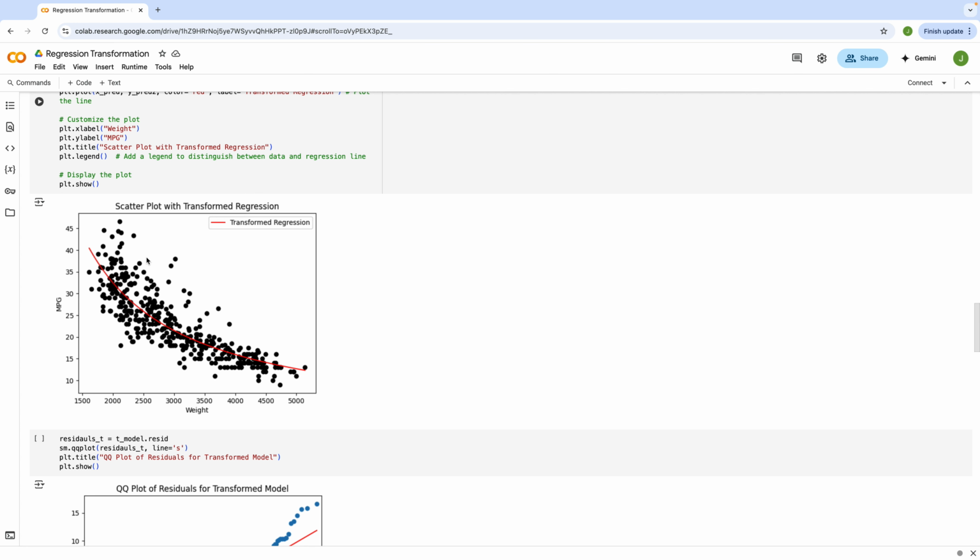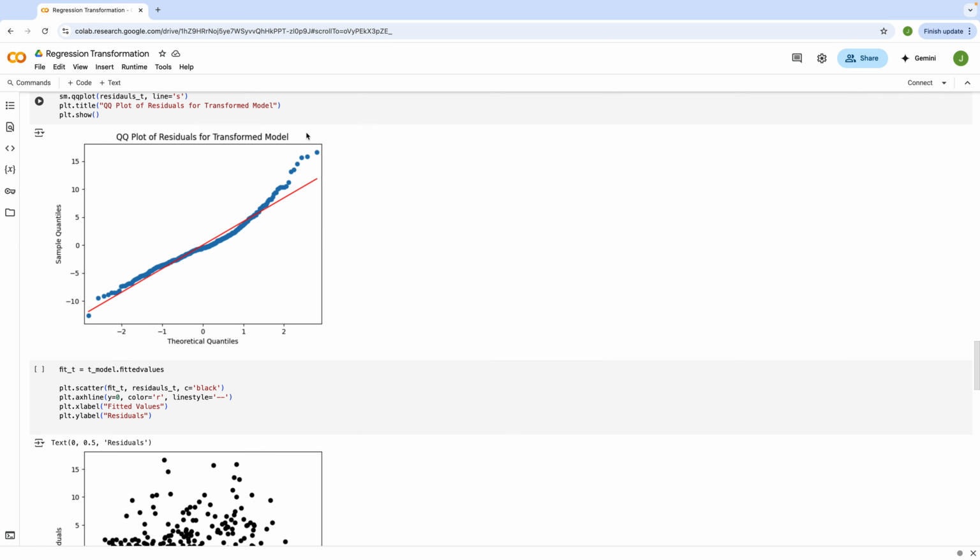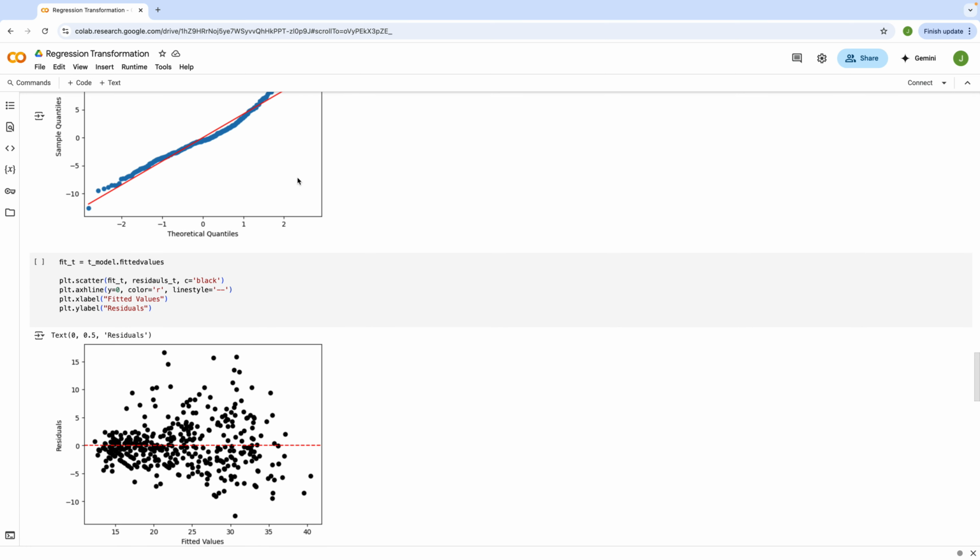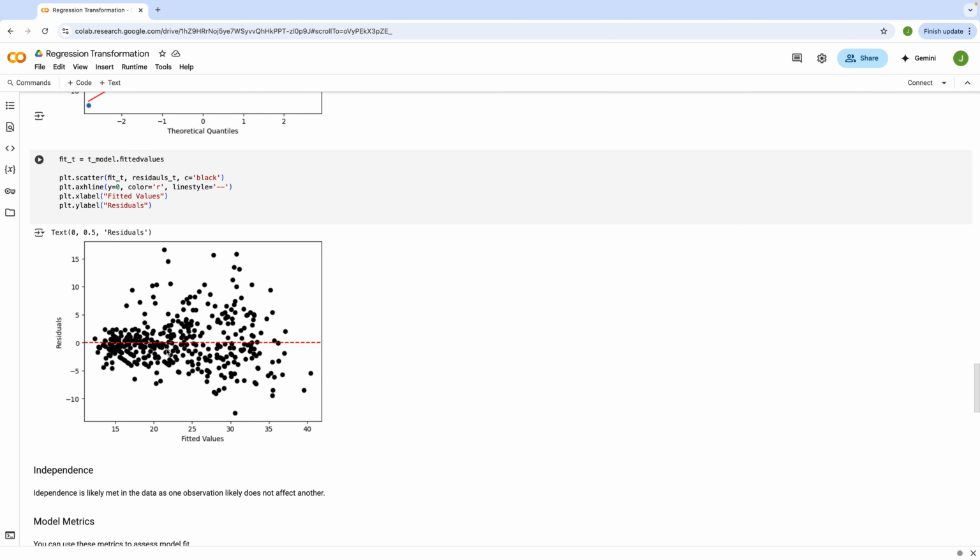We could see if it helps to meet the assumption of normality, and we can see that there's still a lot of points that lie off this QQ line, so the conclusion would be that the data is still not normal. And in terms of constant variance, it looks a little bit better.